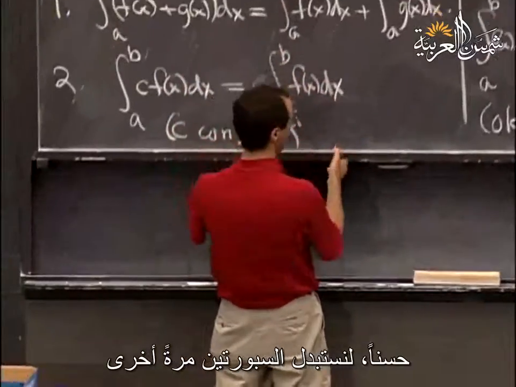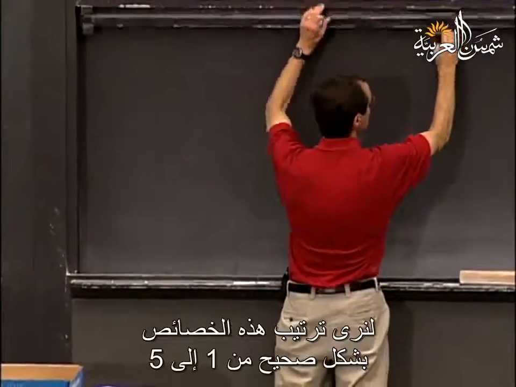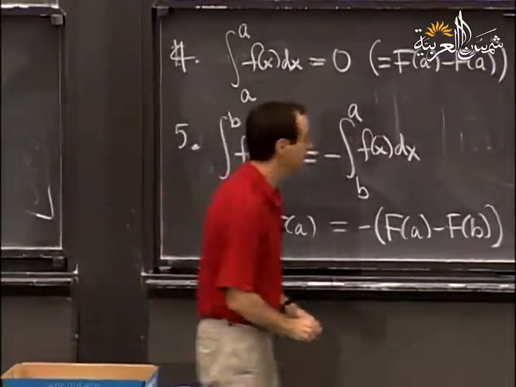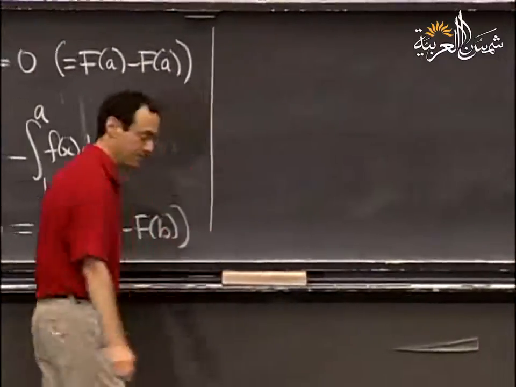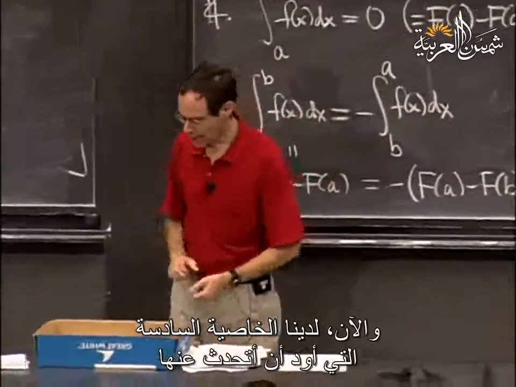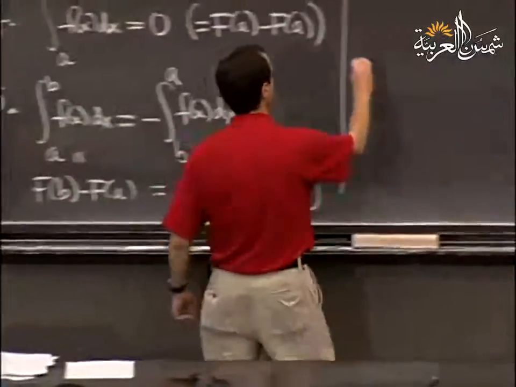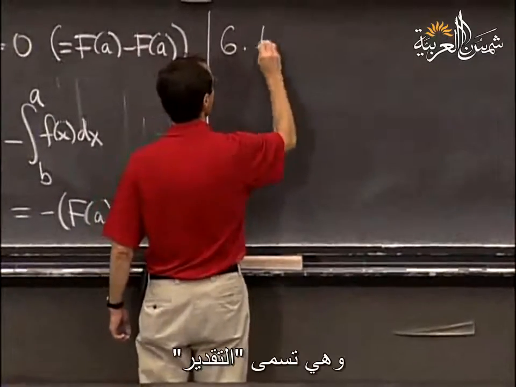Okay, I'm going to trade these again in order to preserve the ordering 1 through 5. And now I have a 6th property that I want to talk about. This one is called estimation.